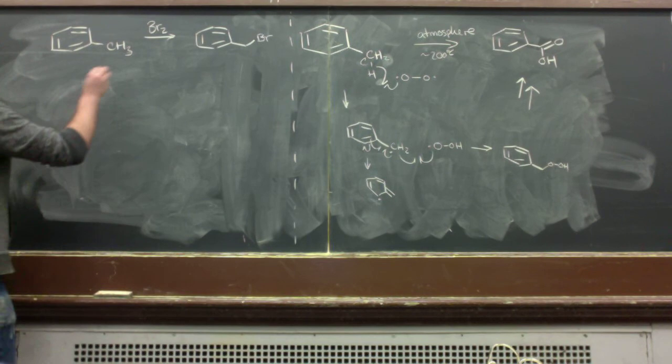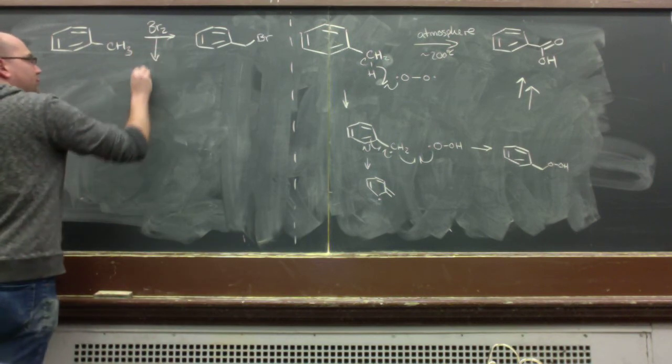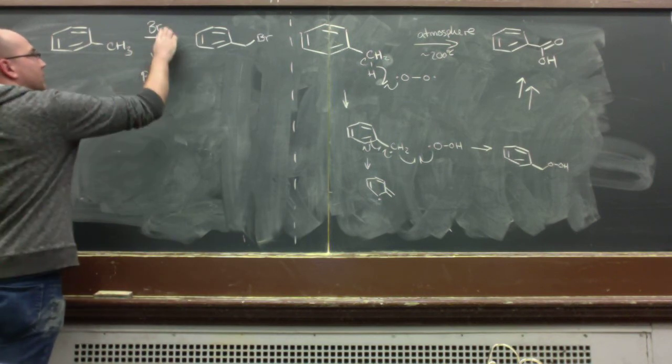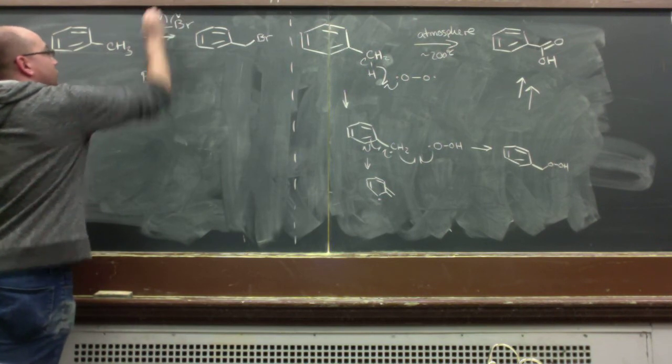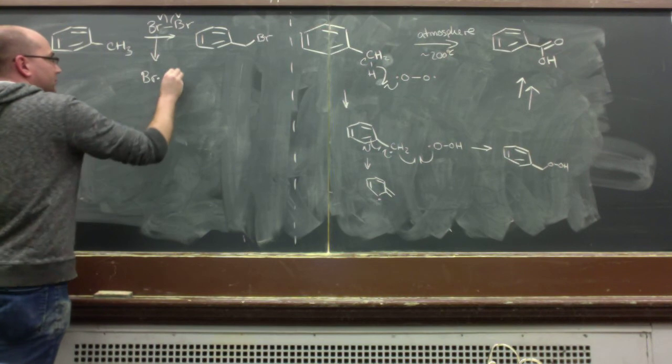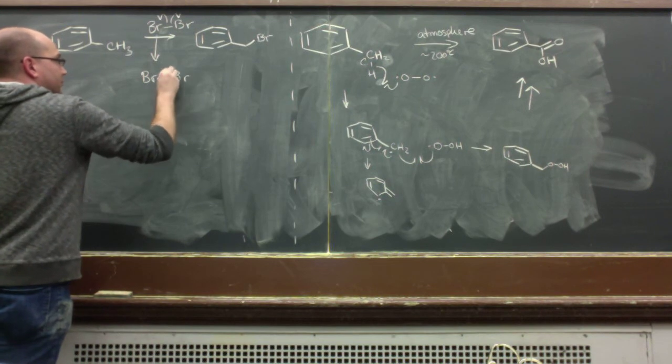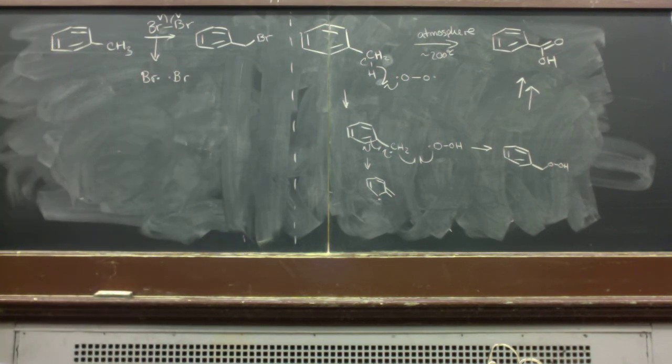And what you can end up with is two bromine radicals. So you can do that homolytic bond cleavage and effectively break the bond and have each bromine carry a single electron.